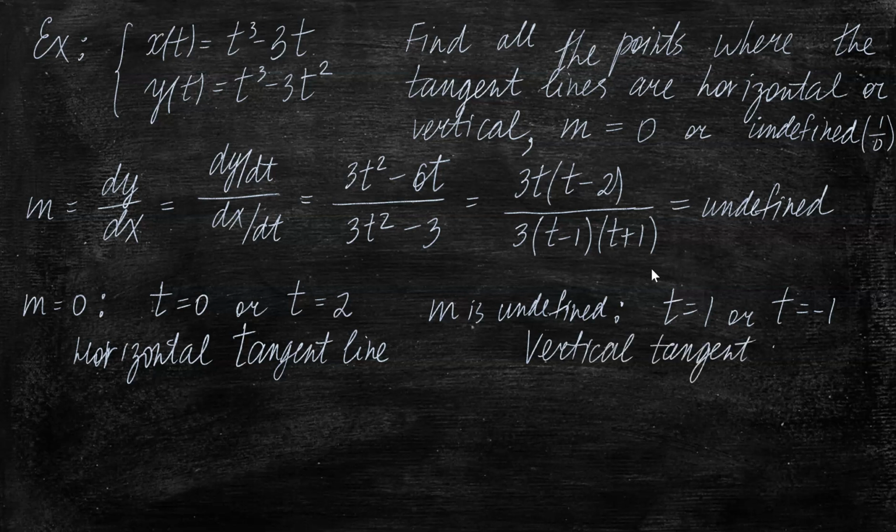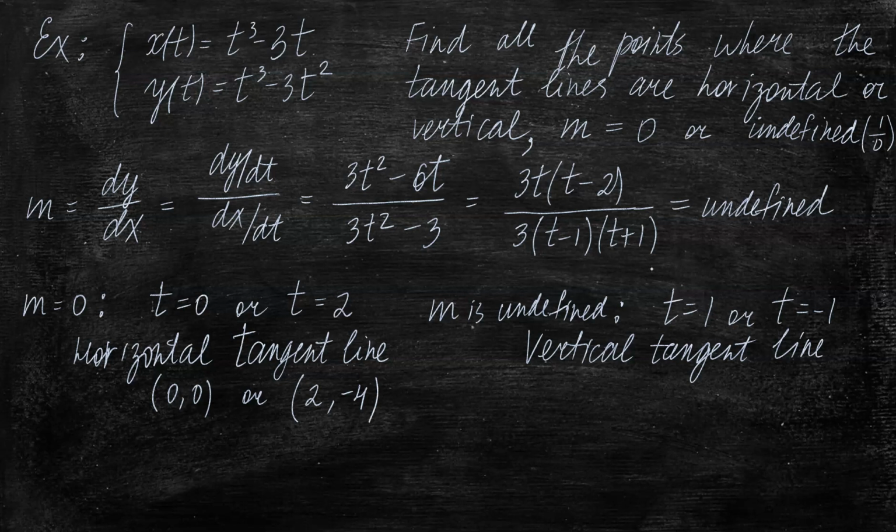But since the question was asking us to find the points, we're going to actually plug those t values into the parametric equations. So when t is equal to 0, we get 0, 0. When t equals 2, we get 8 minus 6 is 2, and 8 minus 12 is -4.